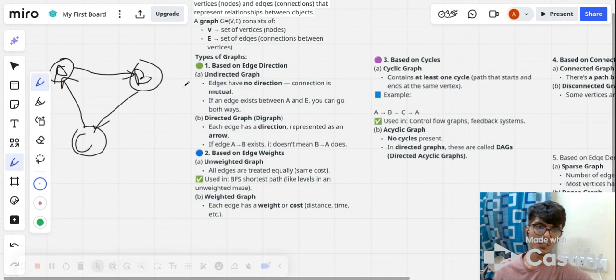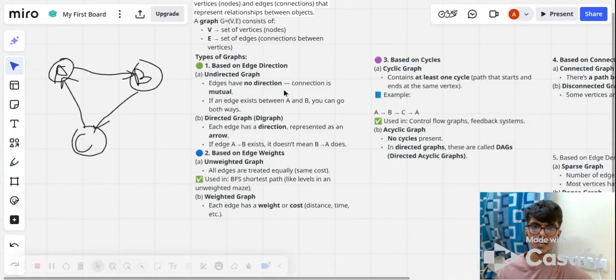So that is the simple difference between undirected and directed graphs. In directed graphs, although an edge exists between A and B, you can only move from A to B, not vice versa.